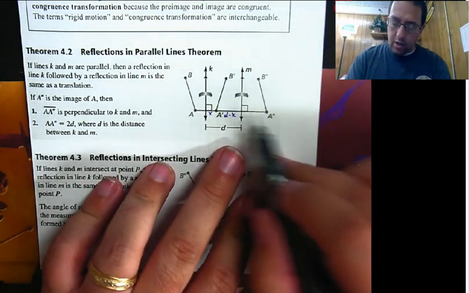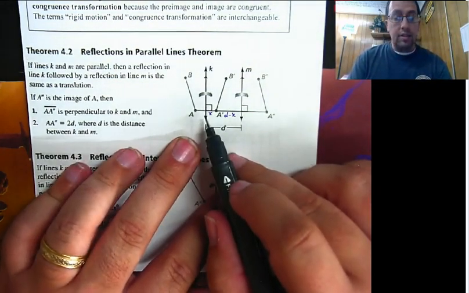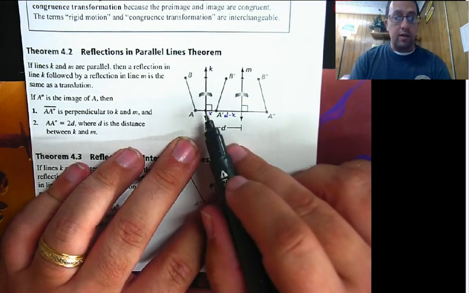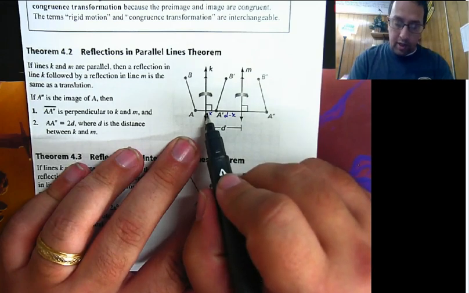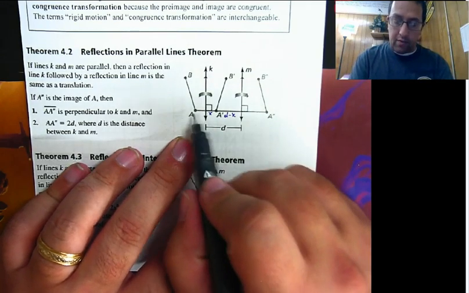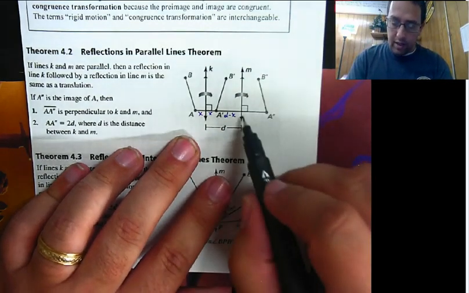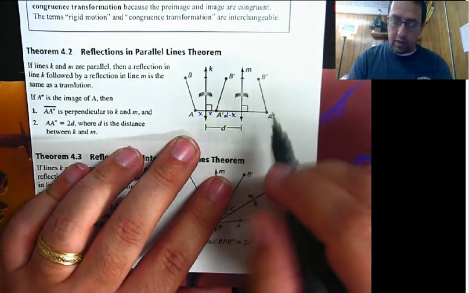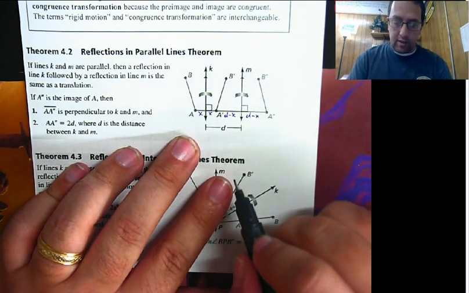And here's the thing. The reflection is the same distance on both sides of the line of reflection, which means the distance from A prime to the line of reflection is the same as the line of reflection to A. So this is also x. And it means that this part of the reflection over here, this distance, is also d minus x.